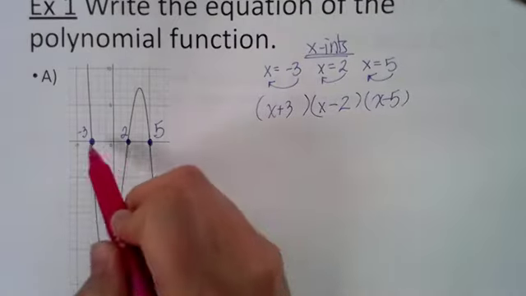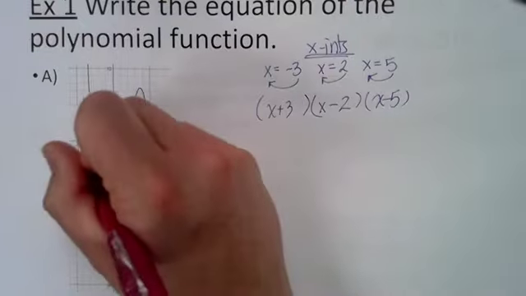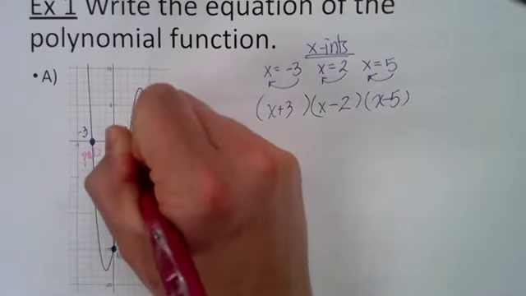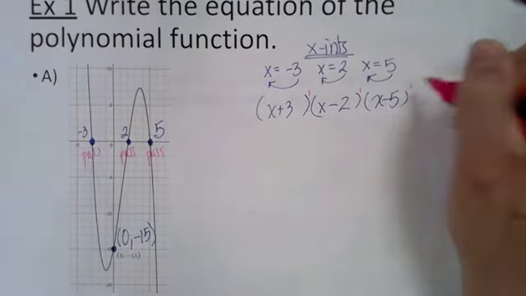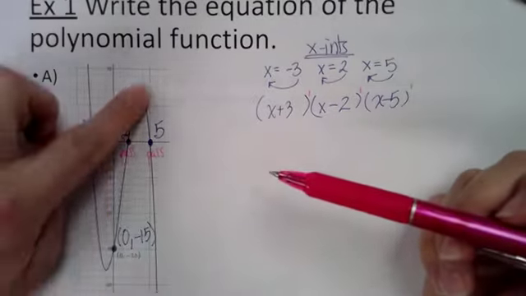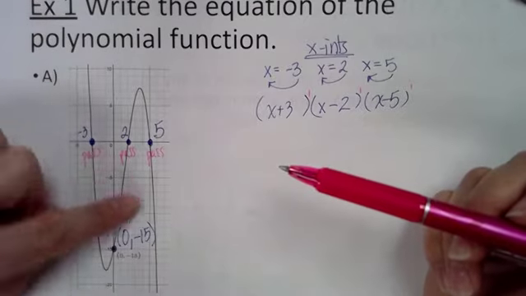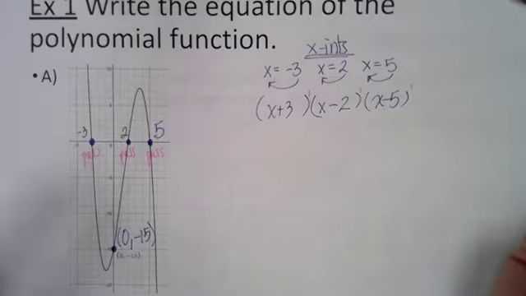Now, at all of these x-intercepts, what does the graph do? It passes straight through. They pass straight through for each of these, so they each just have that nice little power of 1. I don't have to worry about the bounce. Now, that's our start, but we have to figure out how to make this graph. It's going downhill from left to right. It has a negative leading coefficient here.